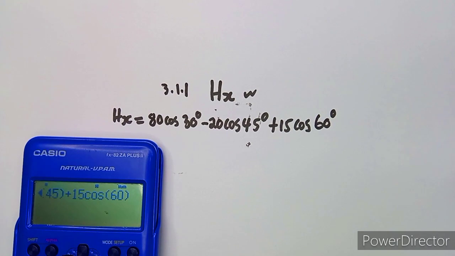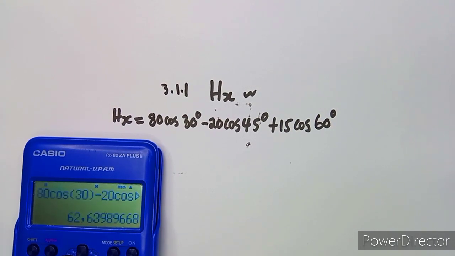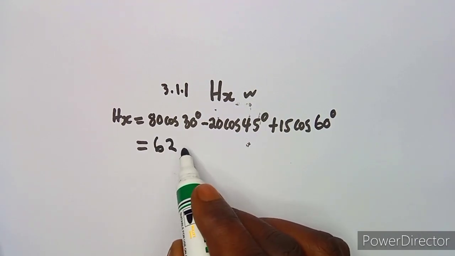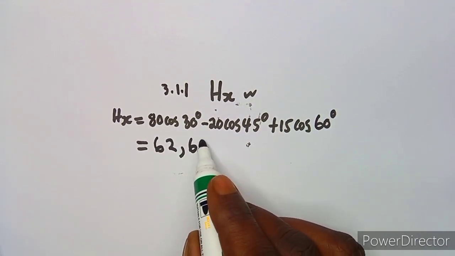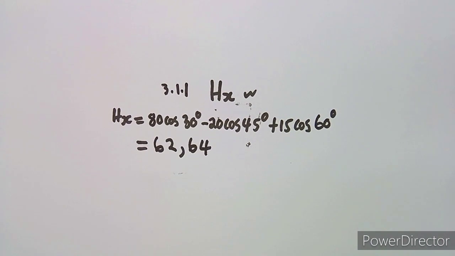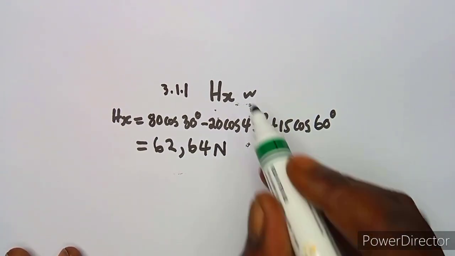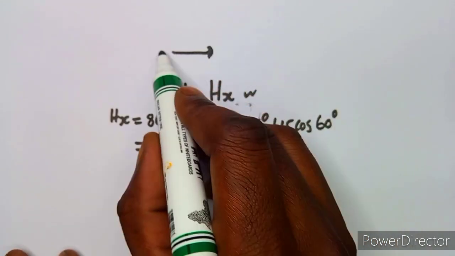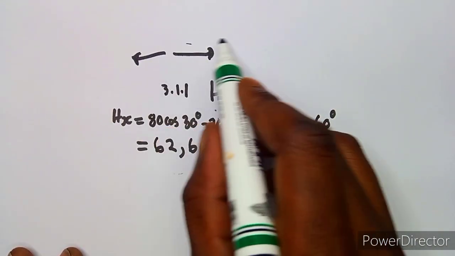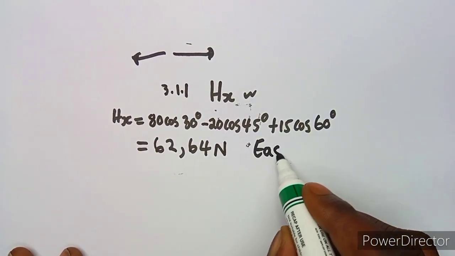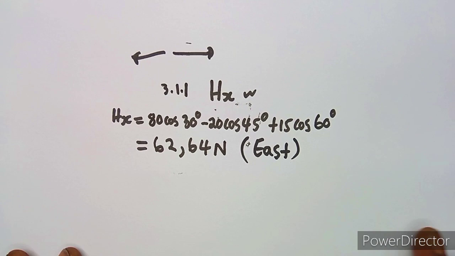Okay, so that's going to be 62.64 if you round off properly. That is our horizontal component, and it's positive. Horizontal can be either positive or negative, so positive means it's going to the east.